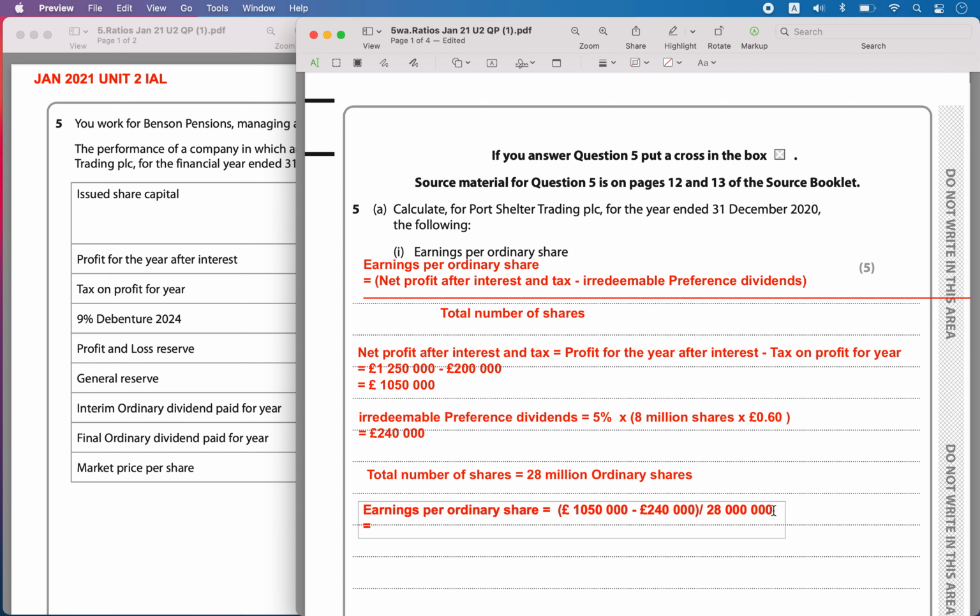So that is going to be equal to 0.0289 pounds per share.